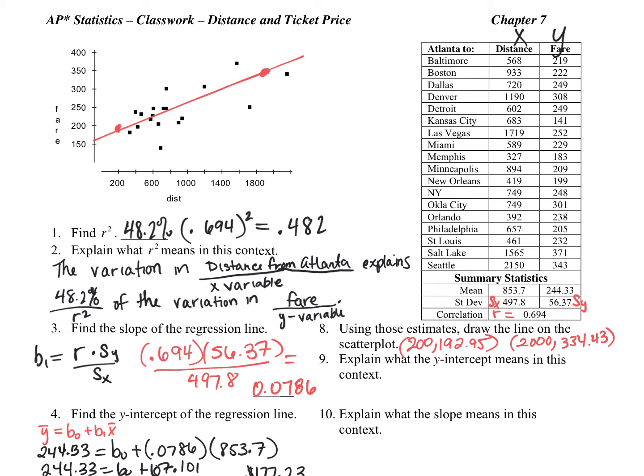So we're going to write here, our model predicts if the distance from Atlanta is 0, we need words like we expect, approximately, because we know it's not going to be exact.